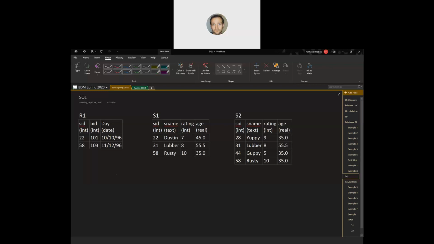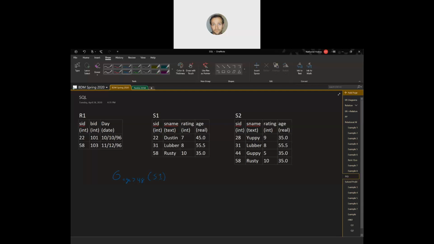But let's say I wanted to select sailors from table S1 who are over the age of 48. How would I phrase this in SQL? And I'll give you 2 minutes.